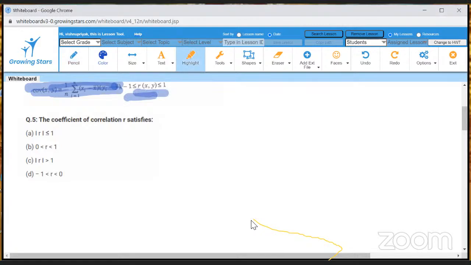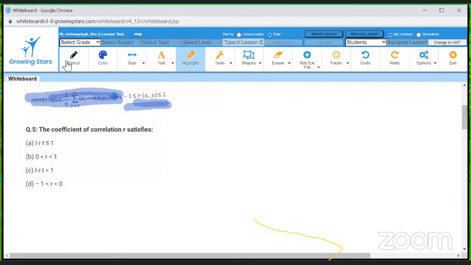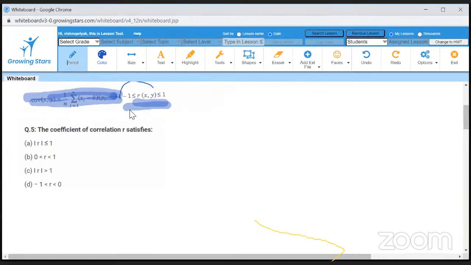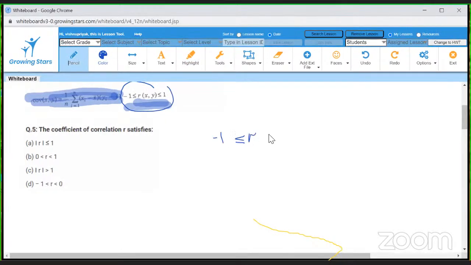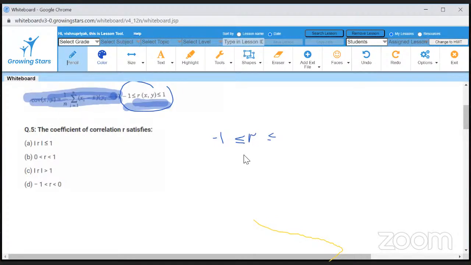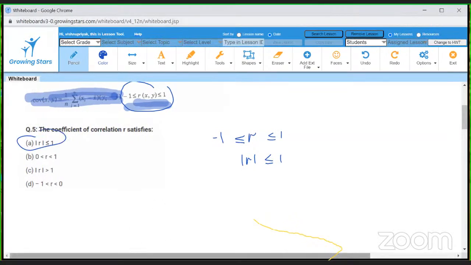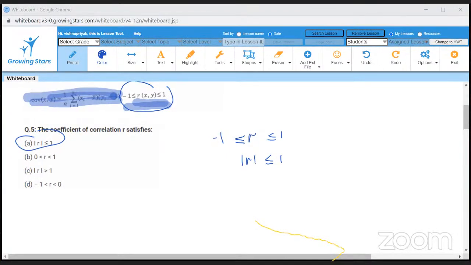Kumar, not D. In this formula just above the question, R, the coefficient of correlation, always will be between -1 and 1. That means the absolute value of R will be less than or equal to 1. Already I told the answer.